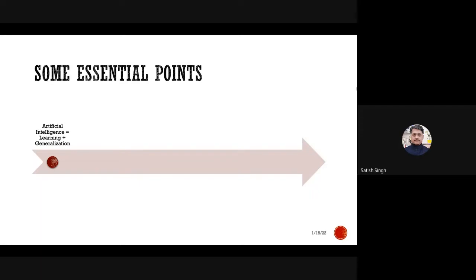Then what is learning basically? Learning can be defined in a way. Suppose we are presented with a variety of examples, a large number of examples. With the help of these examples, we are learning something. Say we need to cross the road.